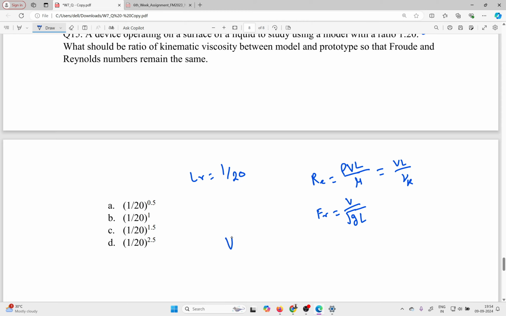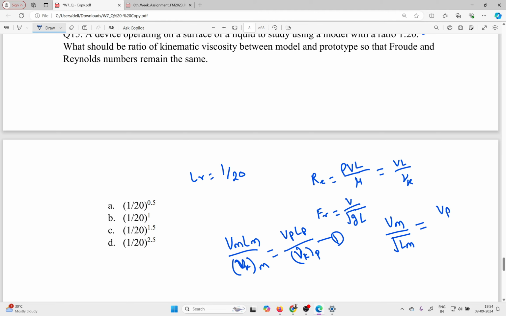That is Vm Lm divided by nu Km, the kinematic viscosity of the model, is equal to V prototype L prototype divided by nu Kp, the prototype. So this is equation 1. For the Froude number, Vm divided by root of g Lm, g will be cancelled out, equals V prototype divided by root of Lp.